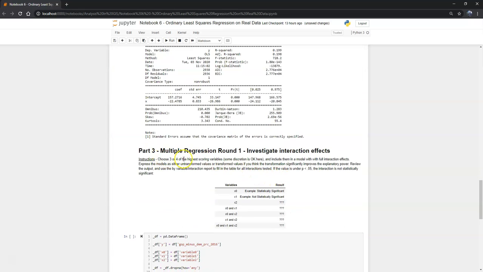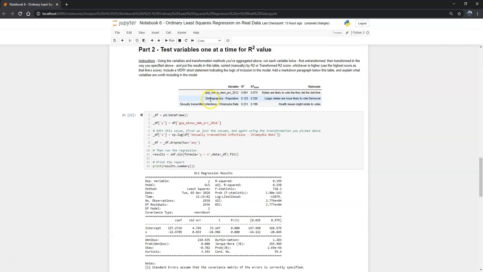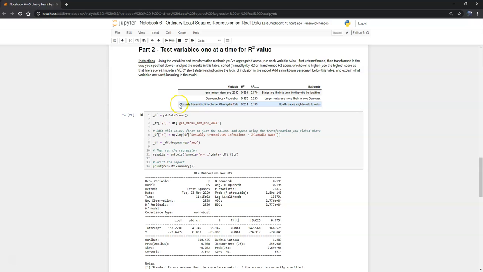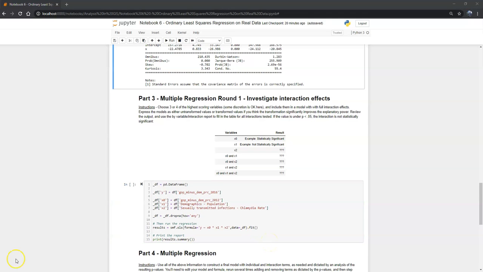But you'll use 3 or 4 to make your model. So basically, what you're going to do is fill these in here with the variables that you've chosen. And you are going to look and see. So that's all that one takes.